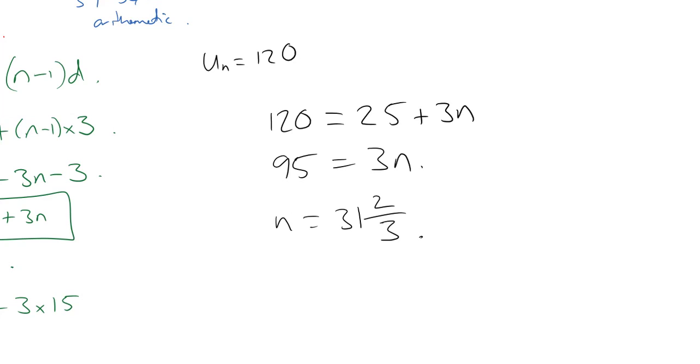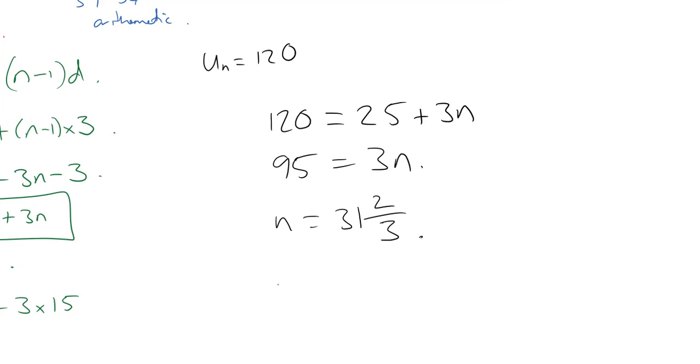Now, this causes a problem, but not one that we can't solve. Clearly, it doesn't happen on an exact week. However, if we think about this in the context of the real life situation, it means that after 31 weeks, he won't have sent it because he hasn't quite reached that 120. But after 32 weeks, when he sends that 32-week amount through, he will have gone past the 120.